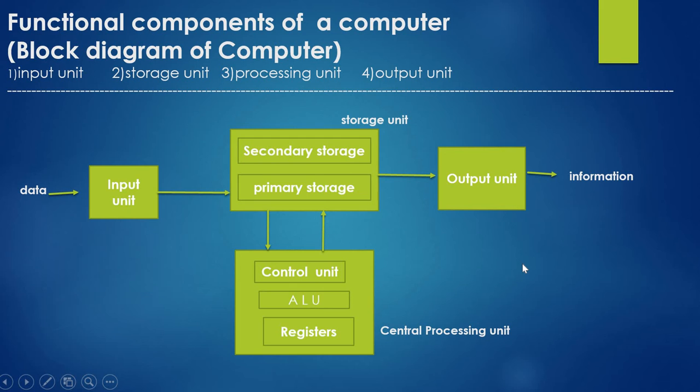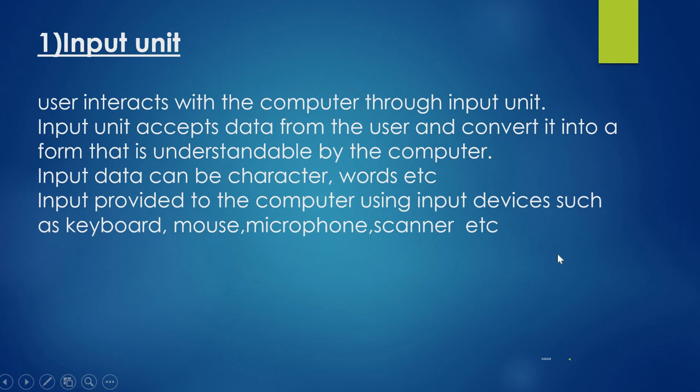First one, the input unit. What is the function of the input unit? The user communicates, or interacts, with the computer through this input unit. The input unit accepts the data.